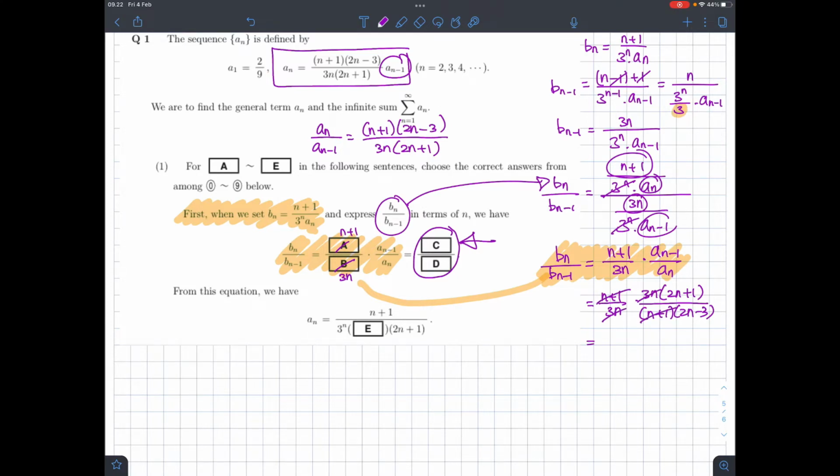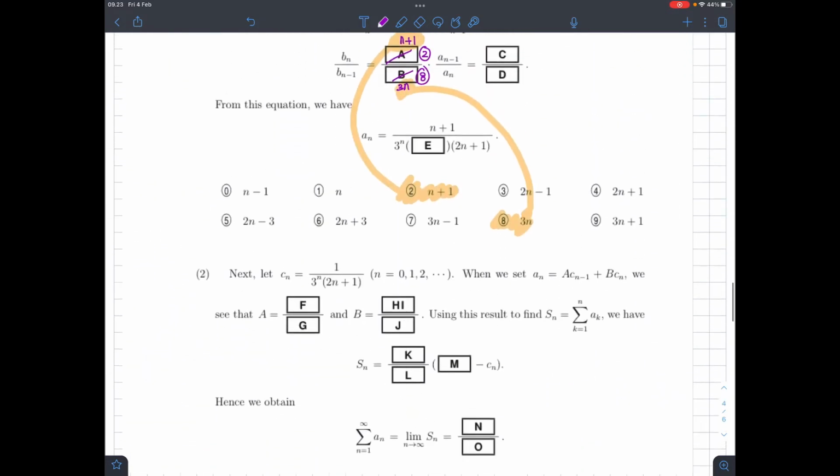So we got the last answer here, this is bn per bn minus 1. Once again, this is exactly the same as this one. So you can see C becomes n plus 1 and D becomes n minus 3. Okay, let's see the options.